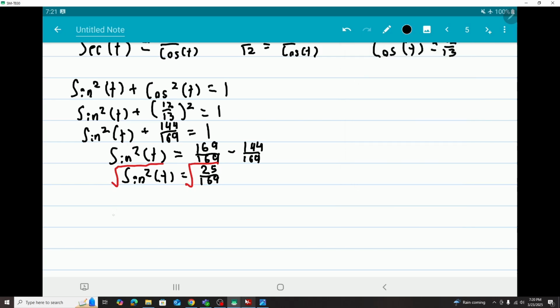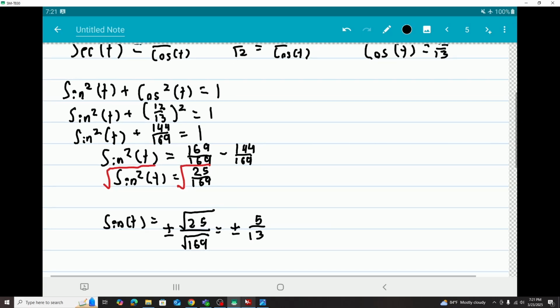So now sine of t is plus or minus again, square root of 25 over square root of 169. Hey, those are both perfect squares, so plus or minus 5 over 13. So actually no rationalizing necessary.